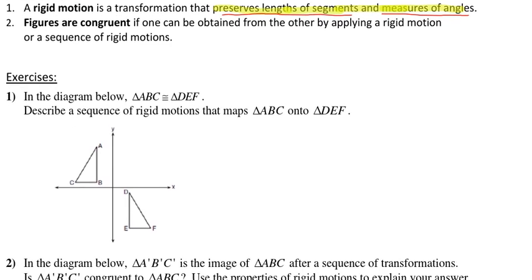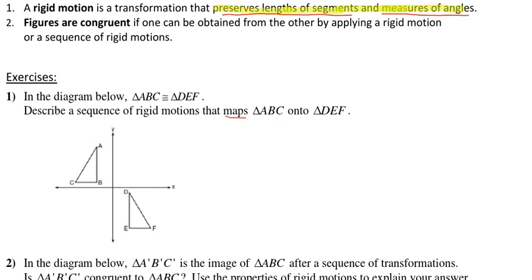And exercise number 1 says, in the diagram below, triangle ABC is congruent to triangle DEF. Describe a sequence of rigid motions that maps triangle ABC onto triangle DEF. So here, one word, maps.